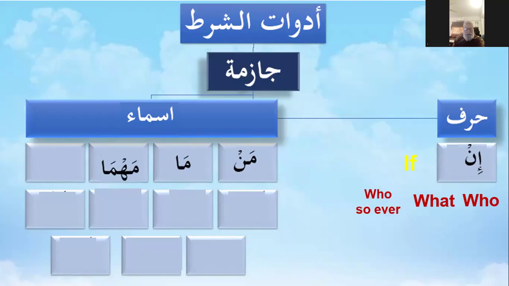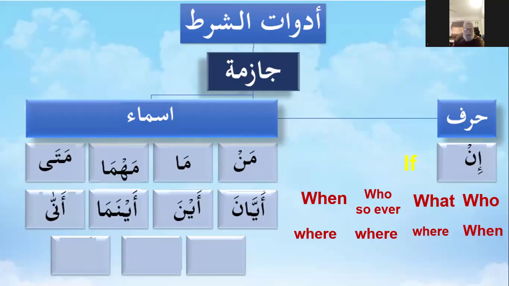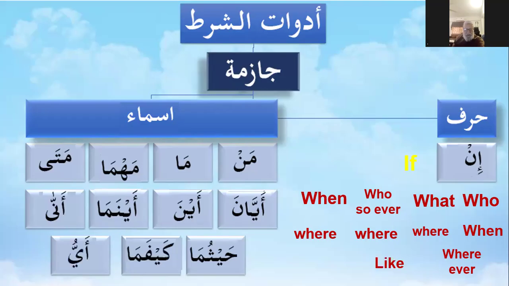Mahma, meaning whatsoever. Mata, meaning when. Ayyana, when. Ayna, where. Aynama, where. Anna, again where. Haythuma, wherever. Kayfama, however. Ayy, who or whose.